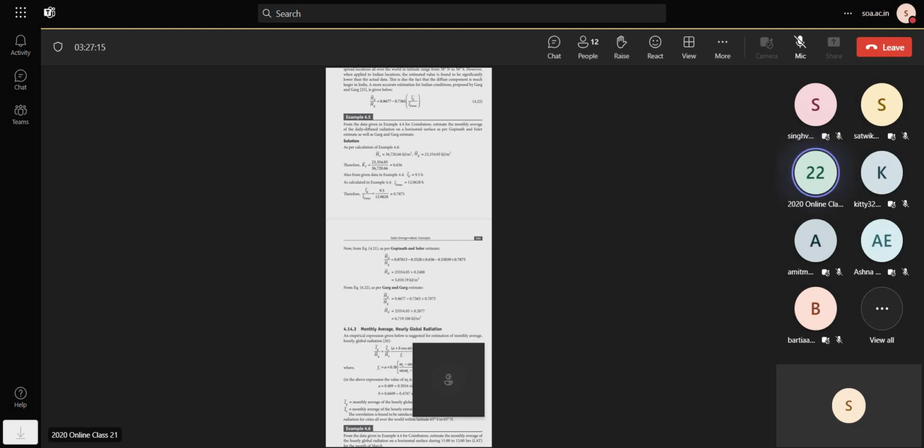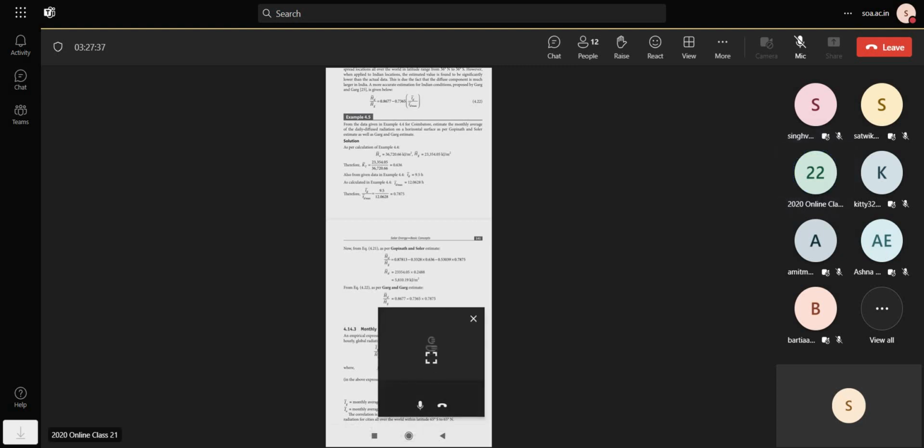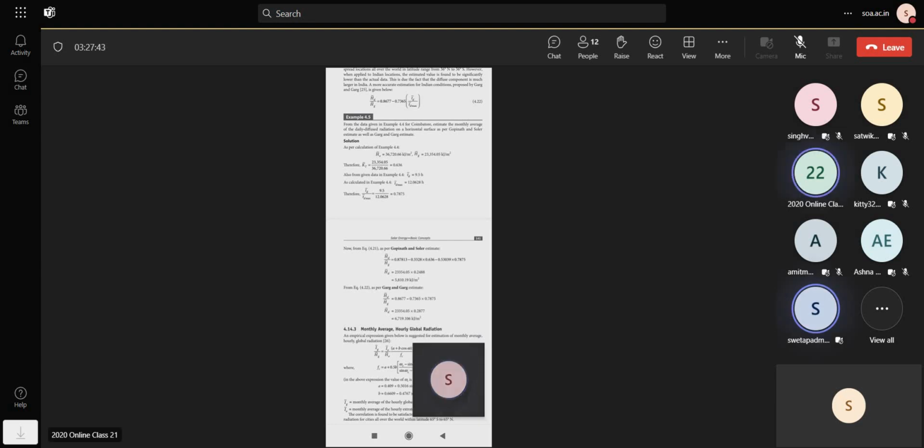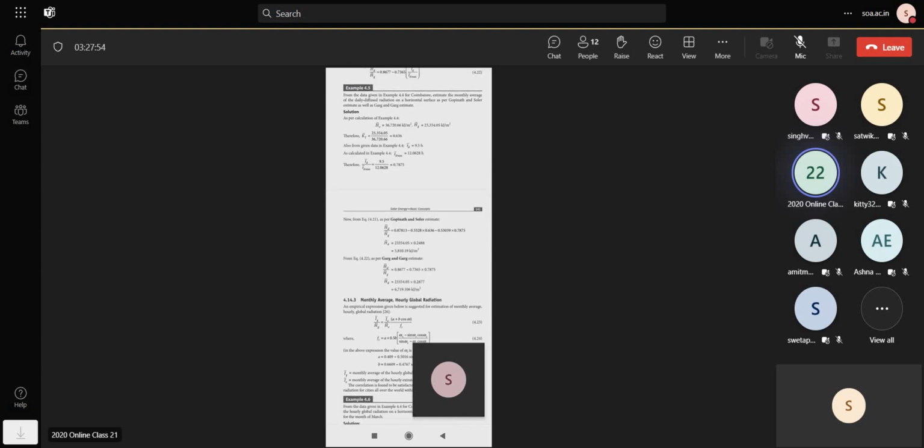Have you calculated again? Is it coming 7,600? No, sir, 6,600 something. I had made some mistake. Okay, I'm calculating with the Gopinath formula again. Setopadma, have you done? Yes, sir, getting 6,829. Okay, let's wait for some time. Then after that we'll go to monthly average hourly global radiation.